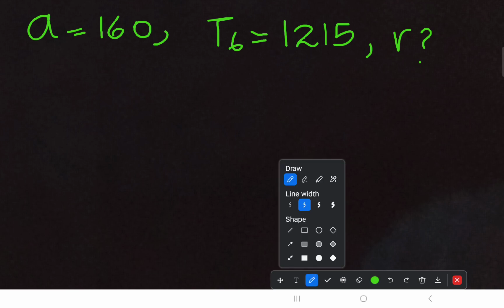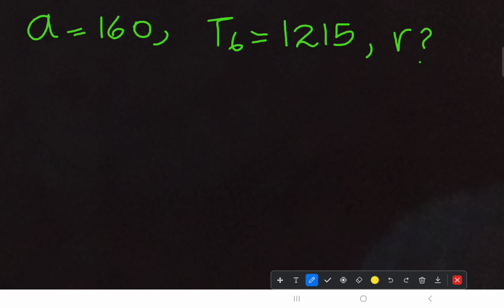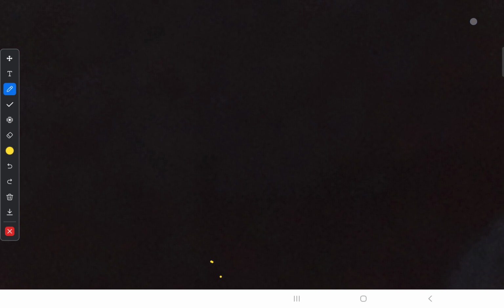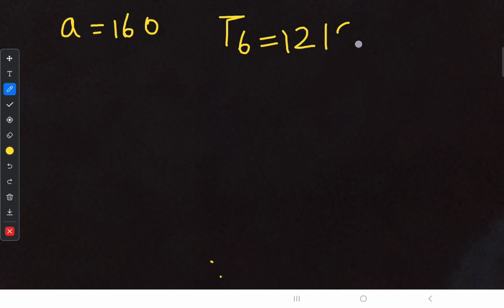Okay, let's see. Here T6 equals a into r to the power of 5. Our a is 160 and we have to find our r. The sixth term T6 is 1215, you should find your r.